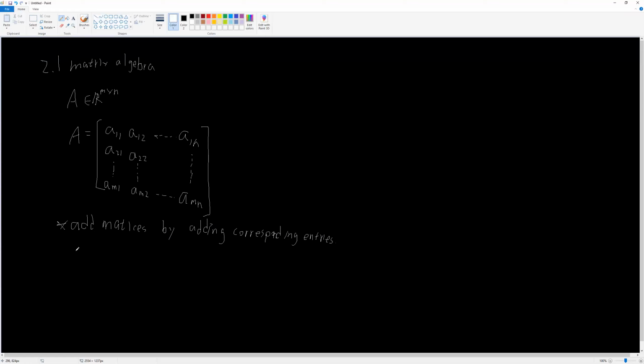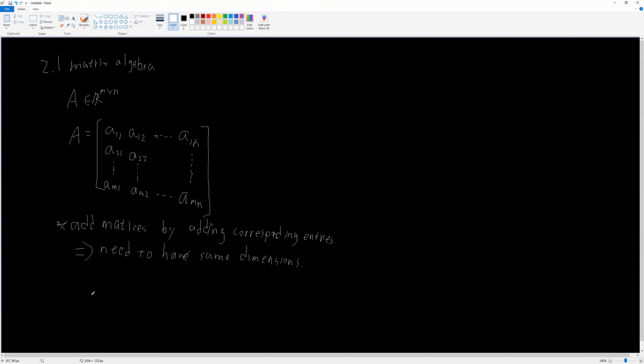Okay. All right. So if we want to add matrices by adding their corresponding entries, that means they need to have the same dimensions. So you cannot add a 2 by 3 matrix with a 3 by 2 matrix, right? Later on, we'll do a little more practice with this.